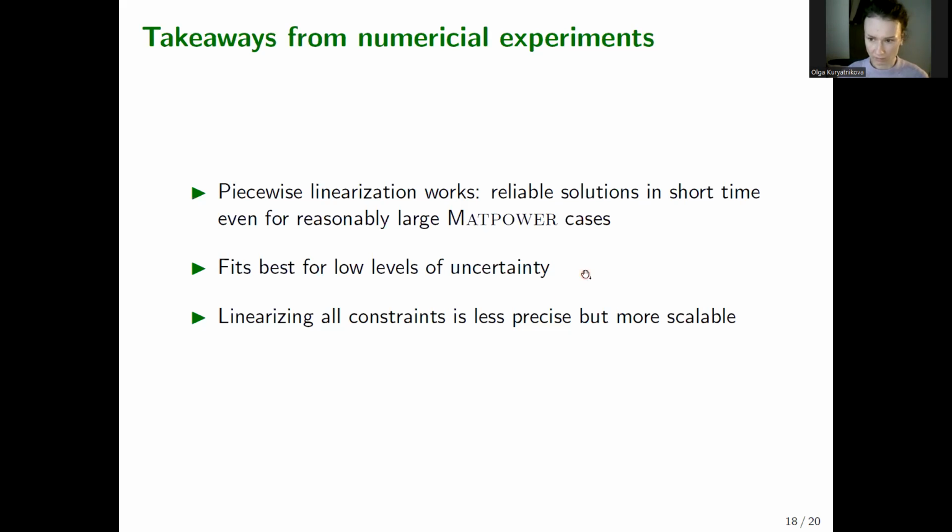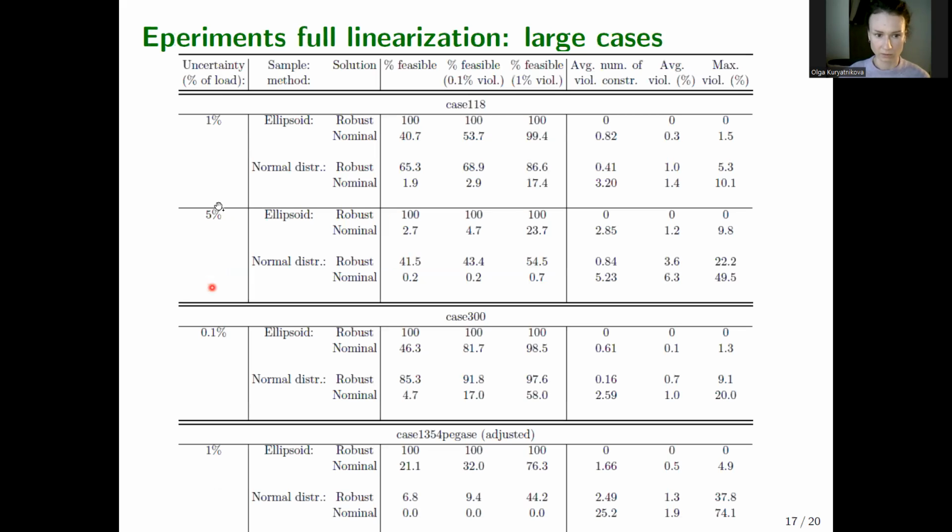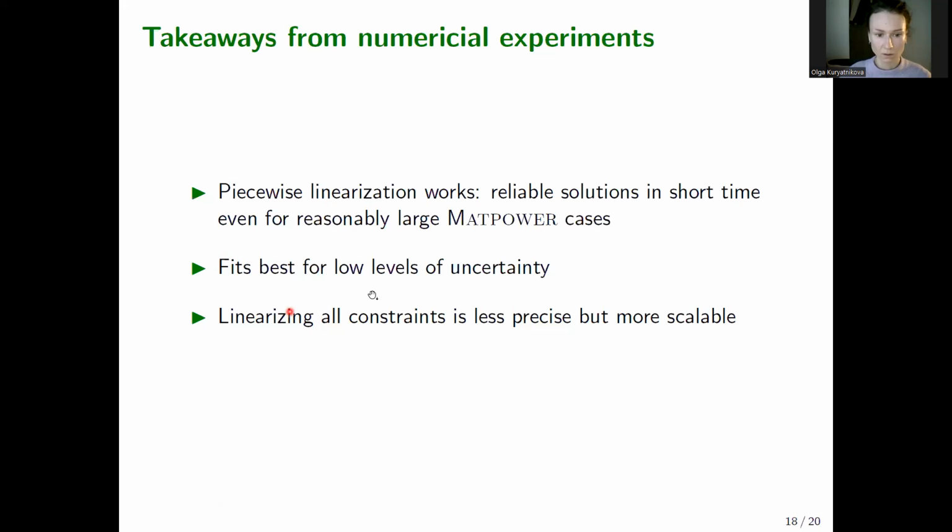This works for small levels of uncertainty. In all numerical experiments, if I go back, you could see these are the levels of uncertainty as a percentage of demand on each node we could deal with. And if we linearize all constraints, we get much more scalable, but less precise.